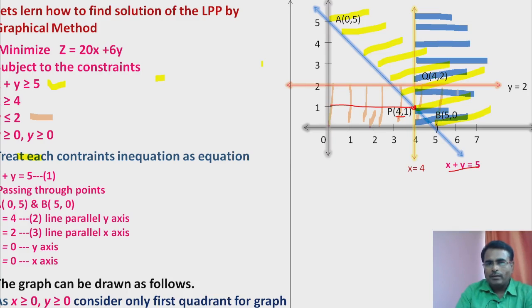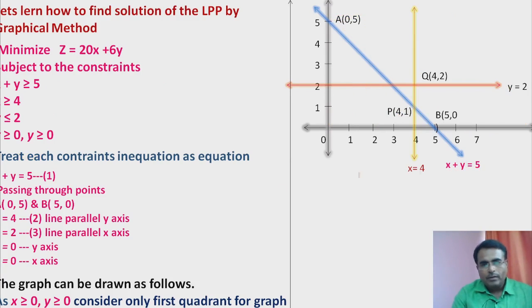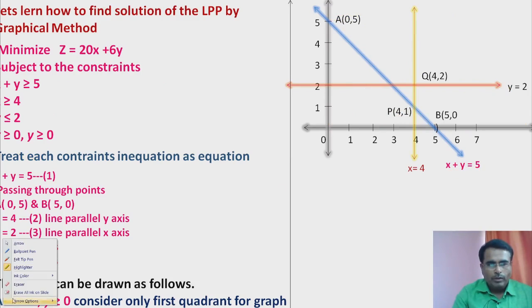You will observe that there is a certain region which contains all three types of shading, yellow, blue and pink. So this is called the common solution region, or the feasible region. Feasible region means the region which gives us satisfaction of all the constraints. That is, your solution region will be of this type. I will show you.